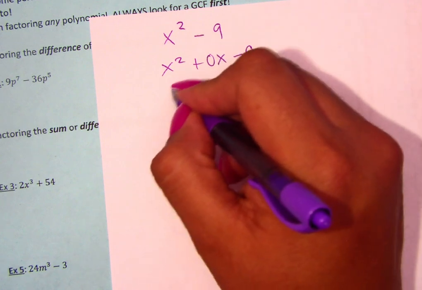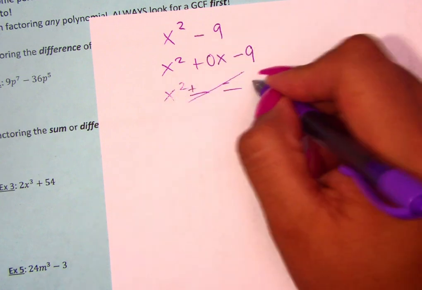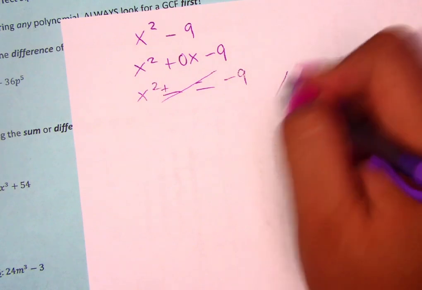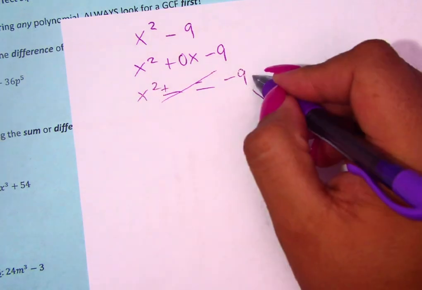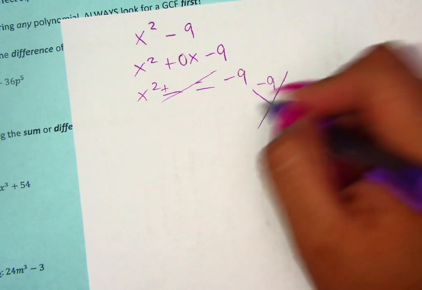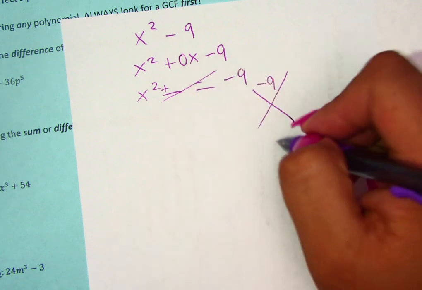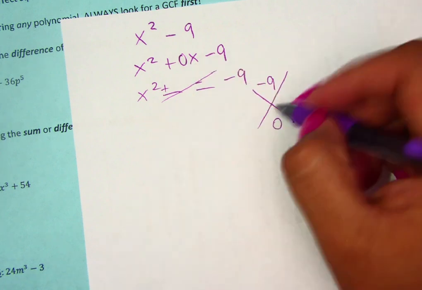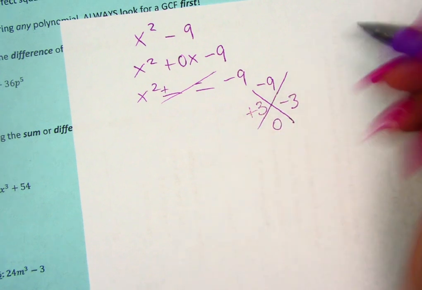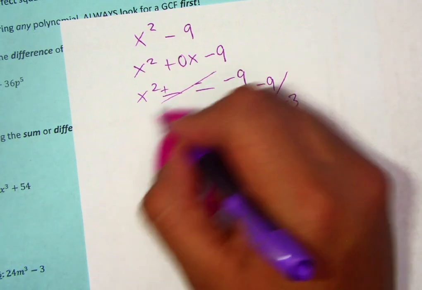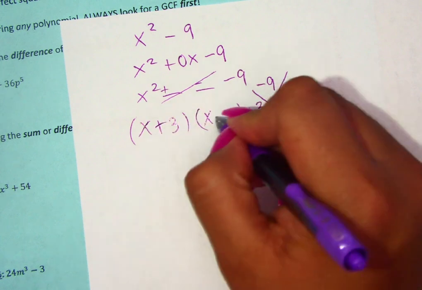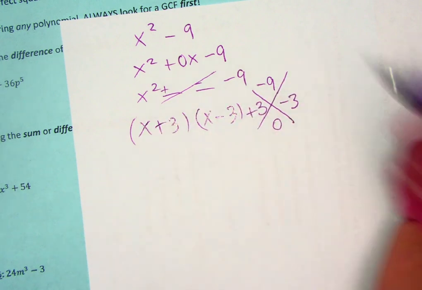You need to remember that these numbers are created from a combination of a times c. So what two numbers do you multiply to get -9 and combine to get 0? That's +3 and -3, which means you will have x plus 3 and x minus 3 as your binomials.